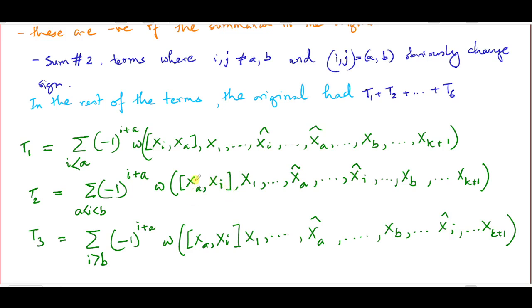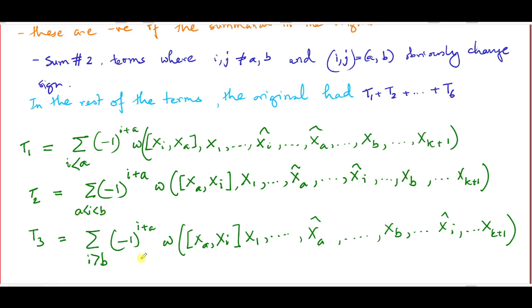So it's a square bracket xa comma xi, and xa and xi are missing. But the important point is that this missing xi is actually occurring in this argument list before xb. And that means i here lies between a and b.